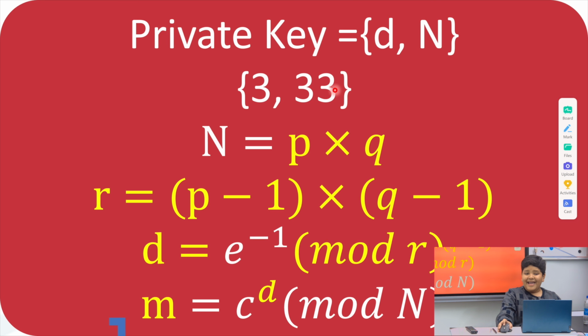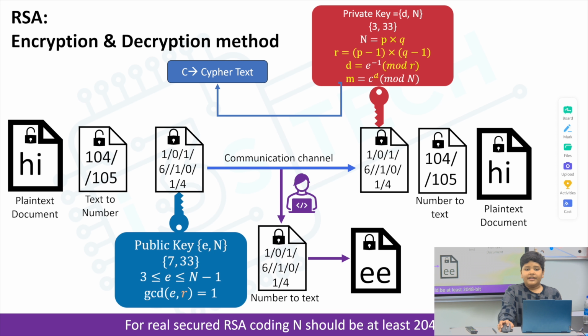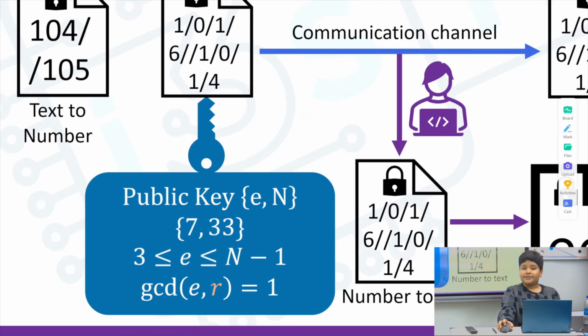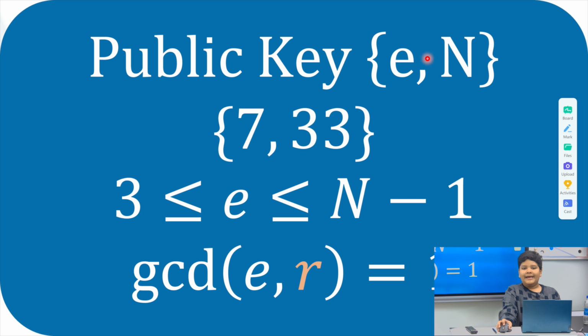n is equal to p times q, where p and q are both prime. Since it's a multiplication of two primes, we call it a semi-prime. Now we find a number which is the private key d, but before that, we must find what e is. e is part of the public key, e and n, and you have to choose it.